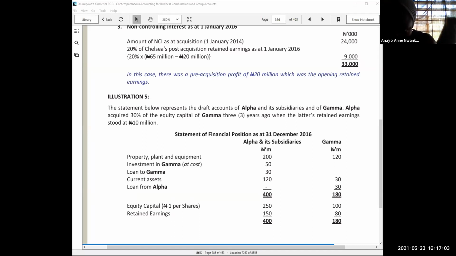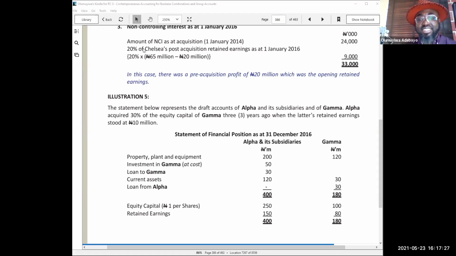Equity capital at 1 naira per share. For Alpha and its subsidiaries, 250. I can't see the other one. Retained earnings for Alpha, I can't see. I can't see the figure for Gamma. Equity capital for Gamma, can't see. It's there now.